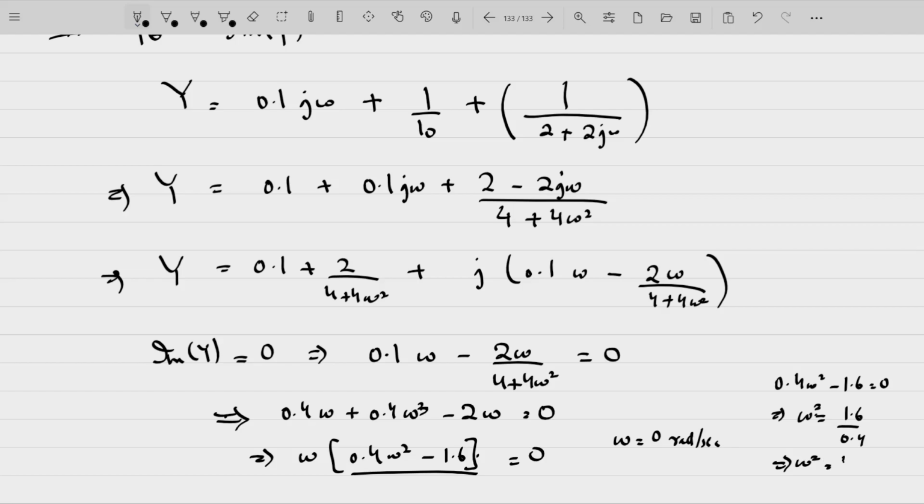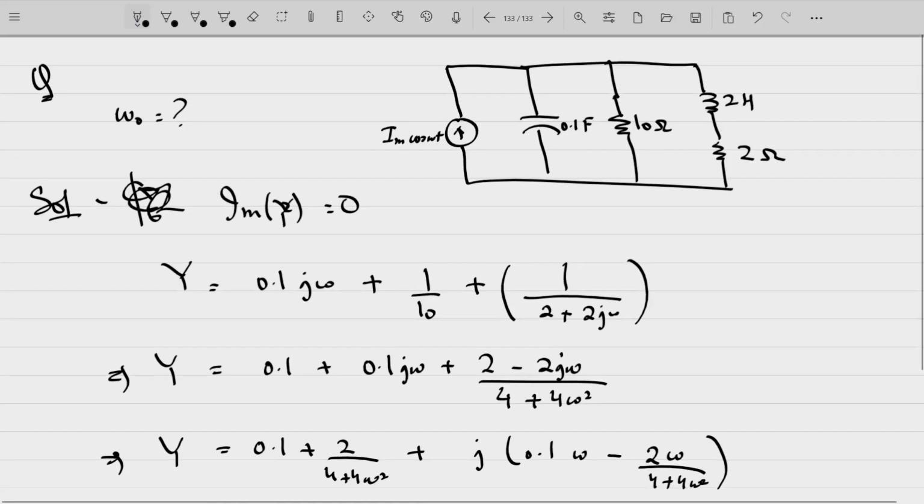Omega square is equal to 4, which implies omega is equal to plus minus 2 radians per second. Negative frequency does not exist, so omega naught is equal to 2 radians per second for this particular case.